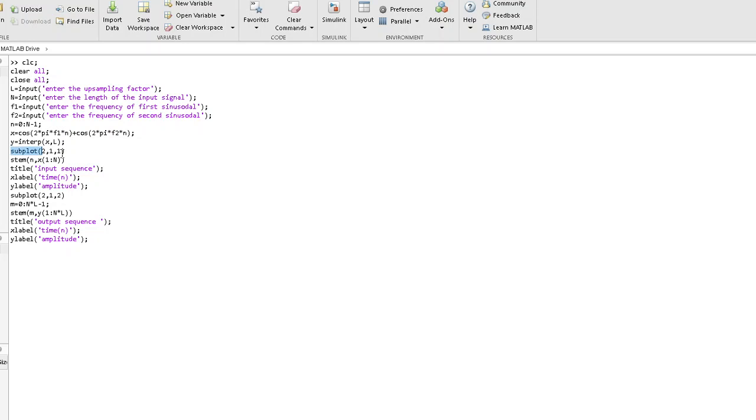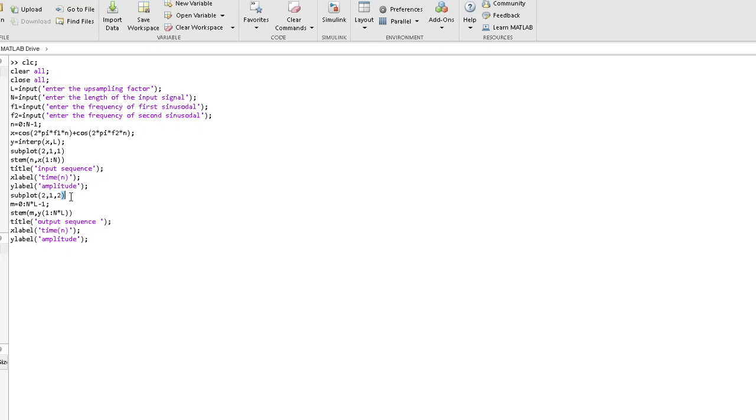For the graph, we're going to use subplot 211, and the stem parameters are n and x. For the title of the graph, it is input sequence for the first graph, with x-axis label of time and y-axis label of amplitude.